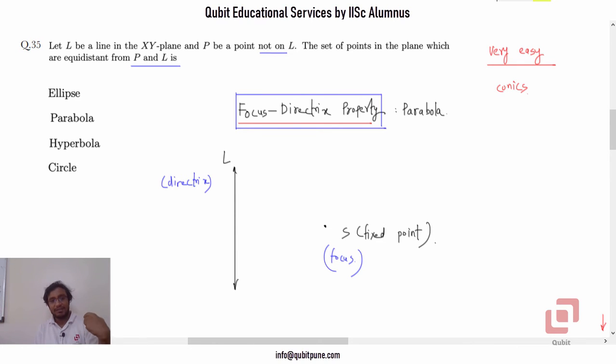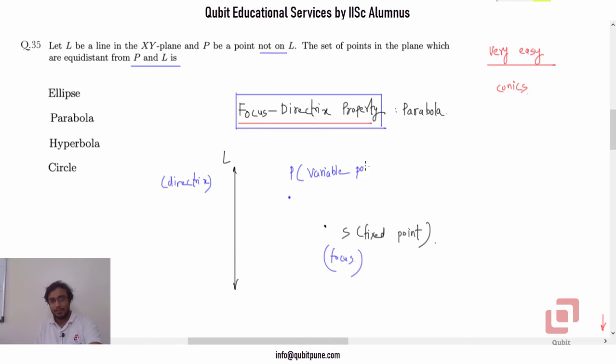Now in general we say that P is our variable point, so let me use that notation now. Suppose point P is somewhere here. So this is our variable point. I'm not following the problem's notation now, but I'm following more standard notation available in the textbooks.